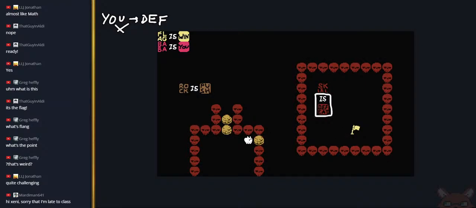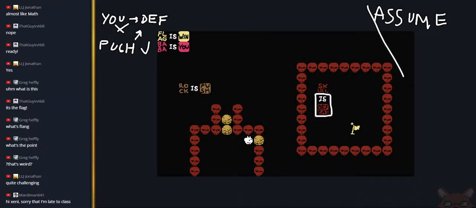Yes, this is what we know for certain, that push into defeat is a-okay. So a safe assumption here would be anything that is not YOU into defeat is okay.